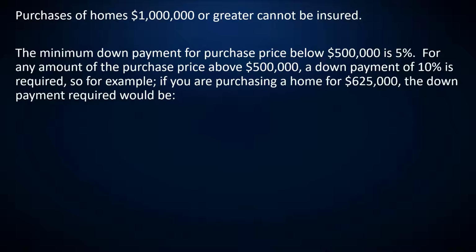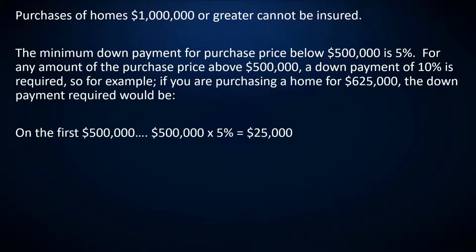Purchases of homes $1 million or greater cannot be insured. The minimum down payment for a purchase price below $500,000 is 5%. For any amount of the purchase price above $500,000, a down payment of 10% is required. So, for example, if you are purchasing a home for $625,000, the down payment required would be, on the first $500,000, $500,000 times 5% is $25,000.